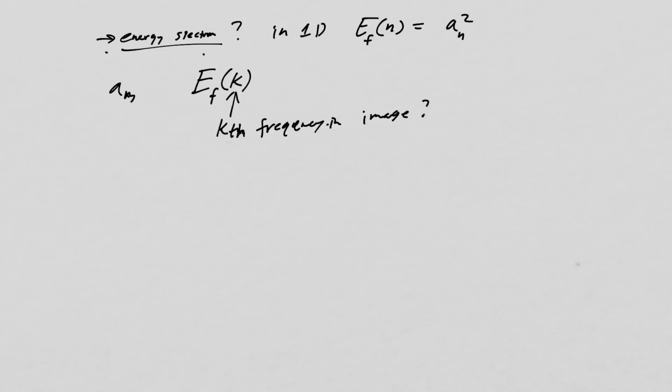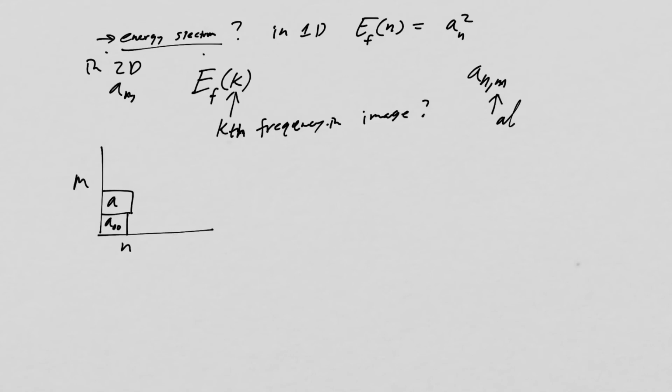How do I do that when I have a two-dimensional image? Well, if I look at the A_nm, if I put n on this axis and m on that axis, that'll be A00, that'll be A01, A02, that would be A11 there, and so on.